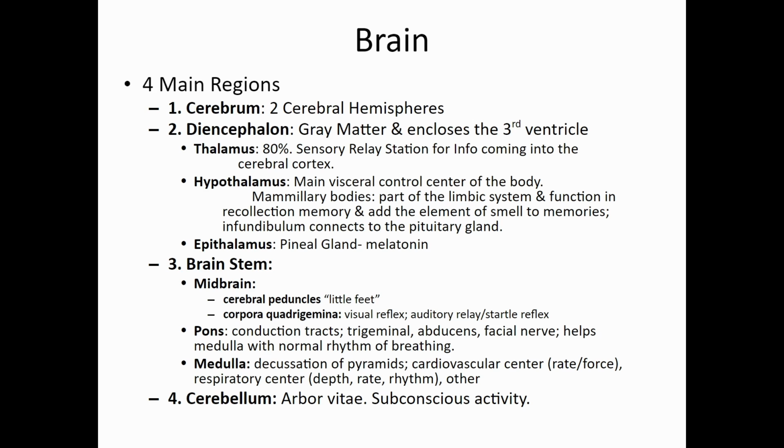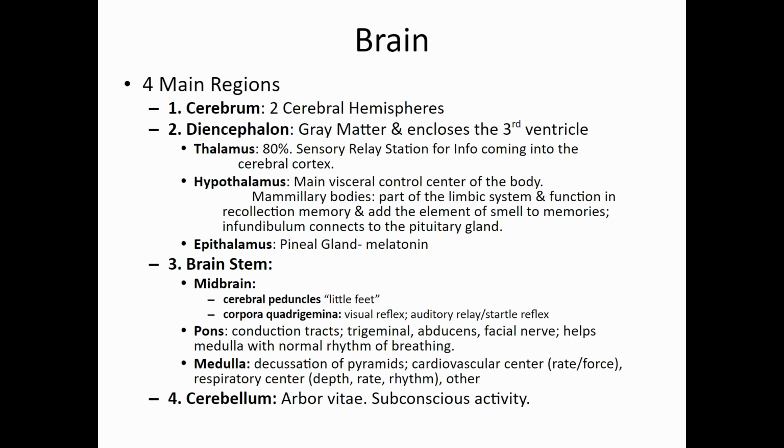We're looking at our brainstem. We have the midbrain, which has a lot of interesting structures, and they're pretty fun to say, like cerebral peduncles or corpora quadrigemina. The corpora quadrigemina is actually made up of two top bumps and two small bumps that are below the top bumps. And they have names like superior colliculi and inferior colliculi and contain a lot of visual and auditory reflex centers.